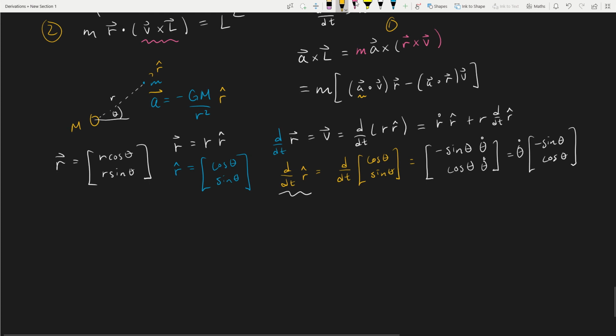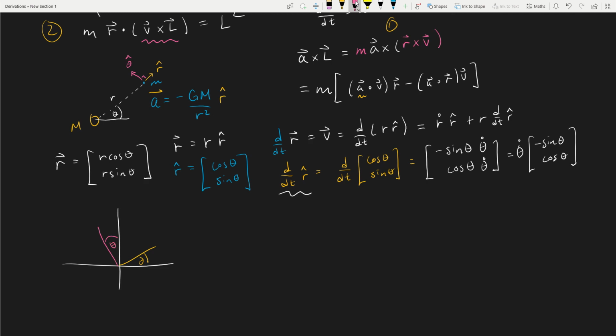There's another vector at a right angle to r, and we call it theta hat. I like to draw it really big so we can get a really good grasp on what theta hat is. So I put r here, and then theta hat is this way.